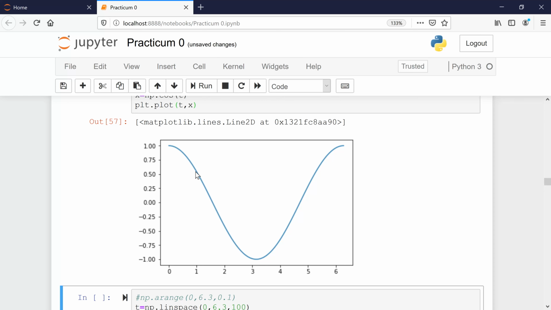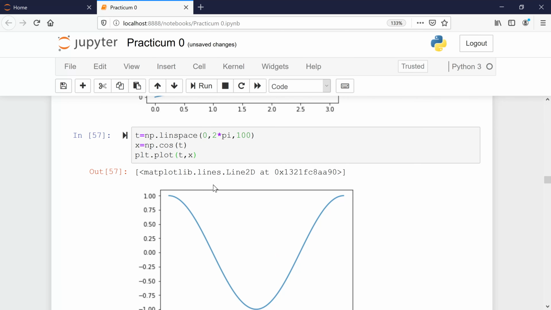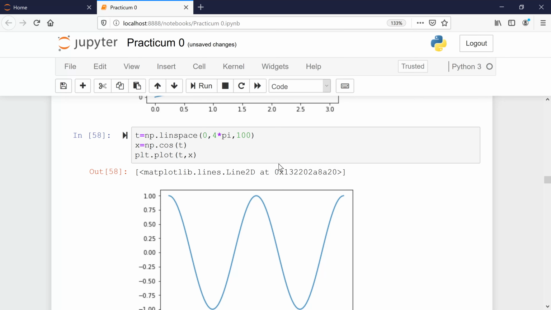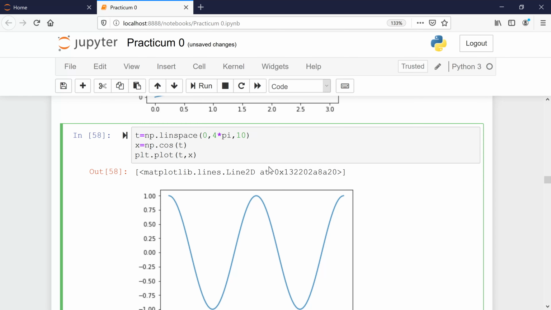Okay. Now try to take another function if you like, sine, or try to experiment with a bigger range. For example, 0, 4 pi to see the repetition. Let's try 0, 4 pi. If we take, for example, 10 points, you get something very coarse.